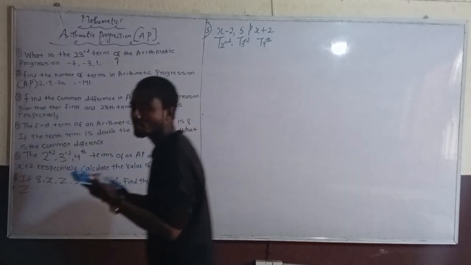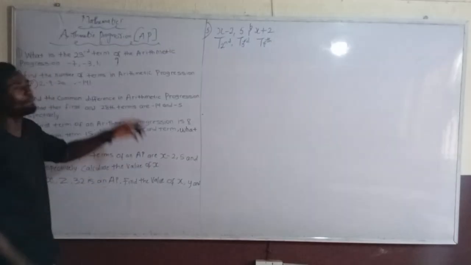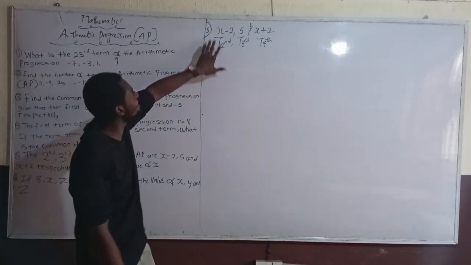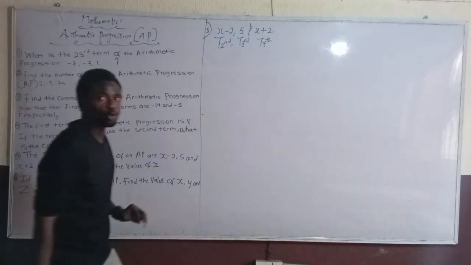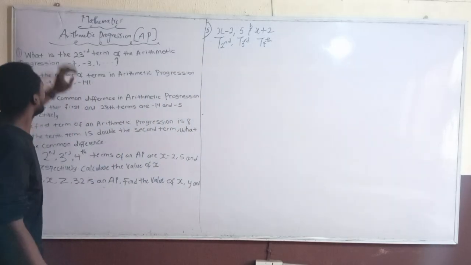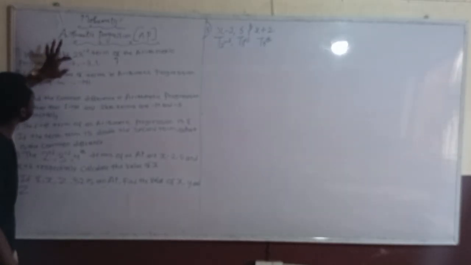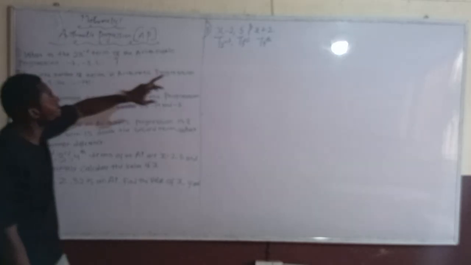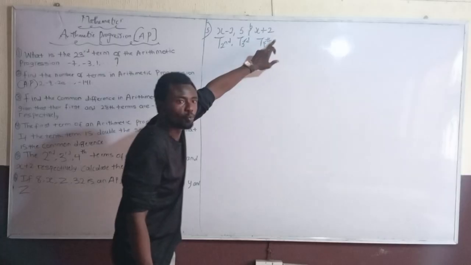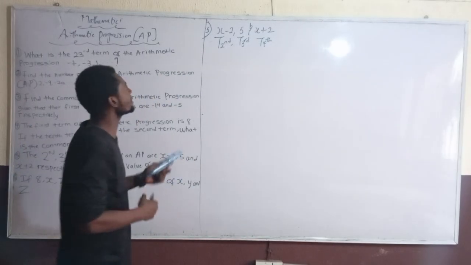In this case, I will use the common difference method. Whenever something is missing in your progression, use the common difference method. Here the progression is not complete because we have x.